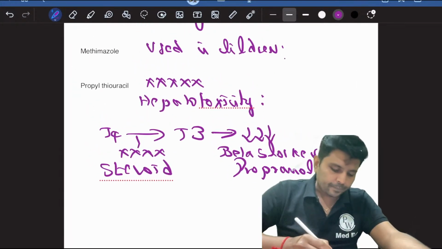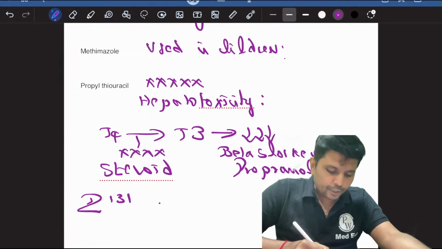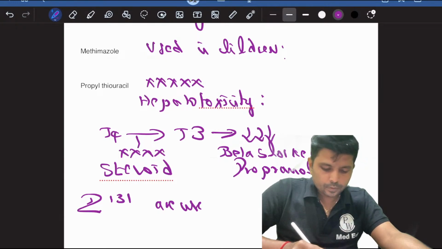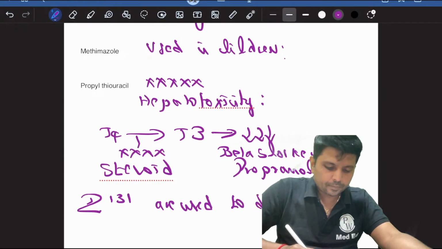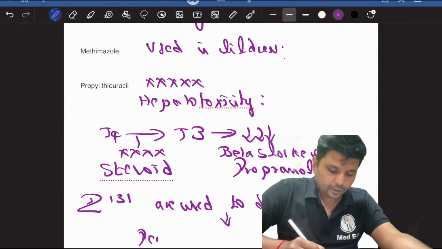And finally, rarely iodine 131 is used to destroy the thyroid gland, but it can lead to permanent hypothyroidism.